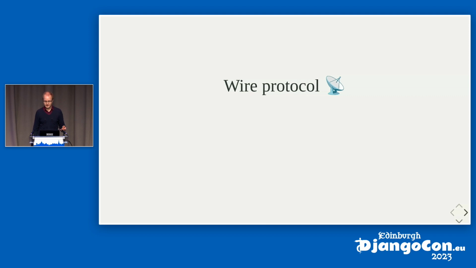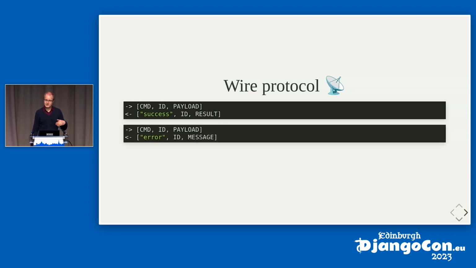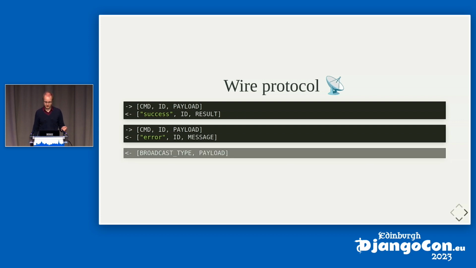When the client application wants to do something, it sends over an array with a command ID, which is just an integer that we count up with every command, and a payload, which can be any JSON encodable type, usually an object of some kind. And the server then replies with success or error, the same ID, so we can match the response up to the request, and a payload object again.